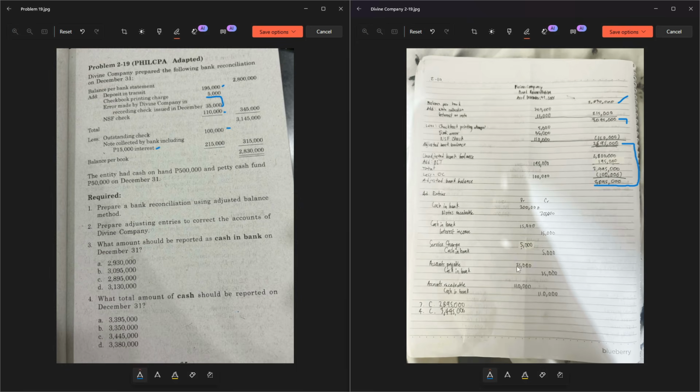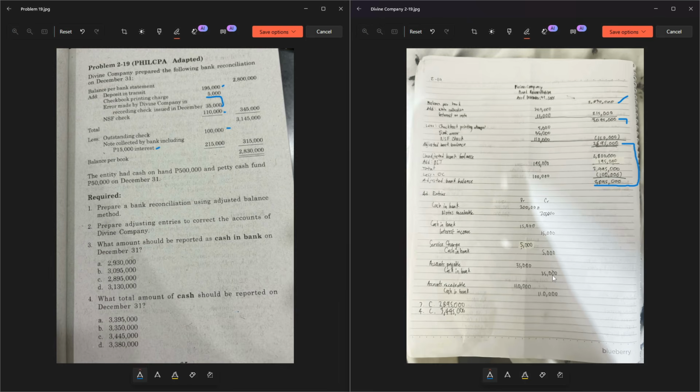Then accounts payable 35,000, cash in bank 35,000. So this one came from the book error, so you made an error worth 35,000, overstated. Therefore, the bank will correct that overstatement by deducting 35,000 in your account. And you will have an accounts payable of 35,000.